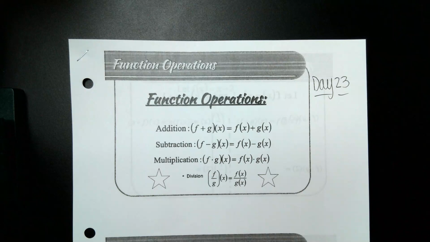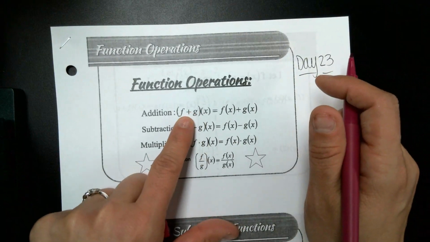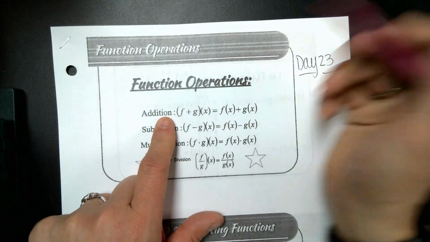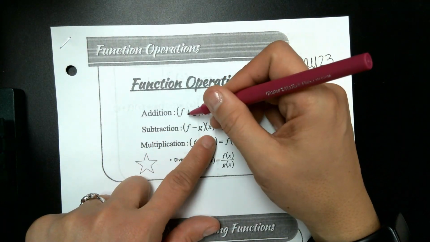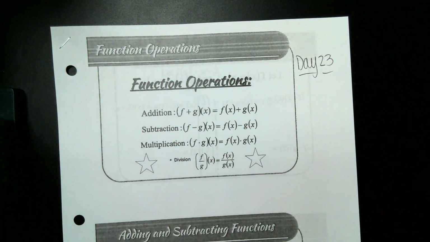So I need you to look up here and understand that if you see something today that looks like this, where there is a plus sign between f and g, this is function f added to function g. We're going to take two functions and add them together.